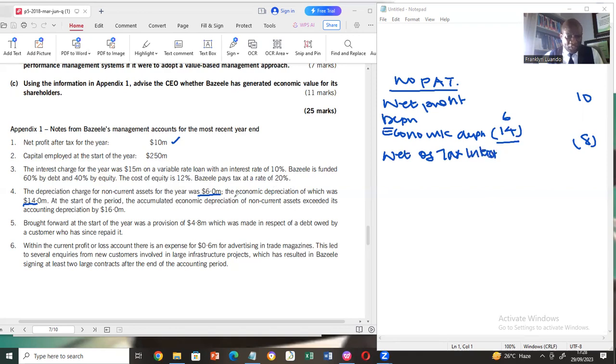The interest here is 15. So which will be 15 less tax. We remain with 12 because tax is 20%. So there we add 12.